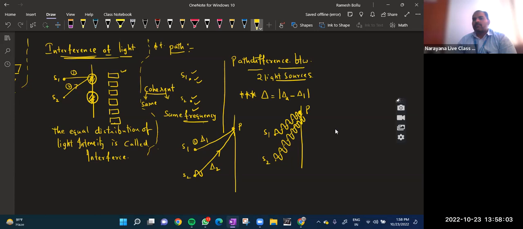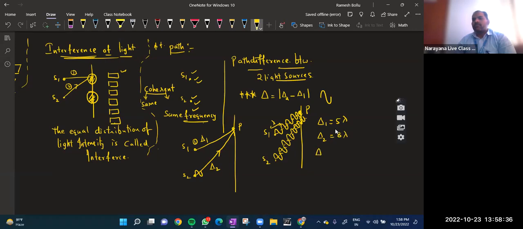Path traveled by the first light wave, how much, students? Each wavelength is lambda. 1, 2, 3, 4, 5 means 5 lambda. Every wave is denoted with this symbol, one crest and one trough. The path traveled by the first light wave is 5 lambda, but the path traveled by the second light wave is 8 lambda. Why? 1, 2, 3, 4, 5, 6, 7, 8. 8 waves you can accommodate.